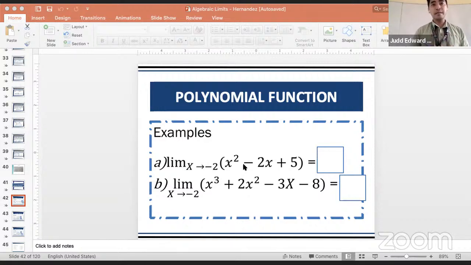How about for letter B? For letter B po, what is the answer for letter B? Anyone po for letter B? Okay, tatandaan natin yung given sa letter A, that is 13. The answer is 13. For letter B po, what is your answer?